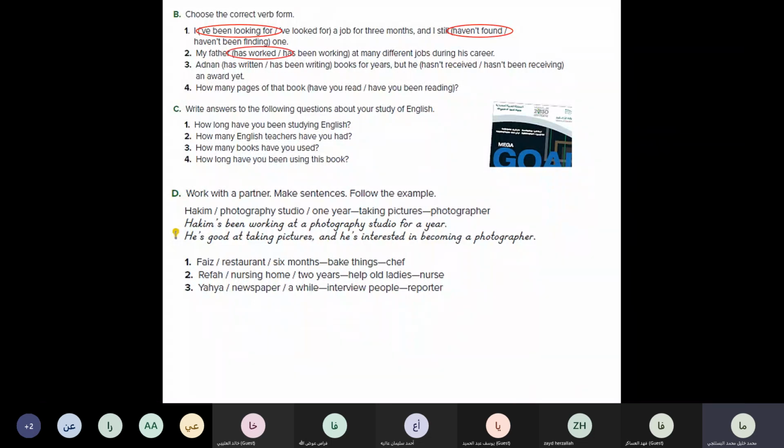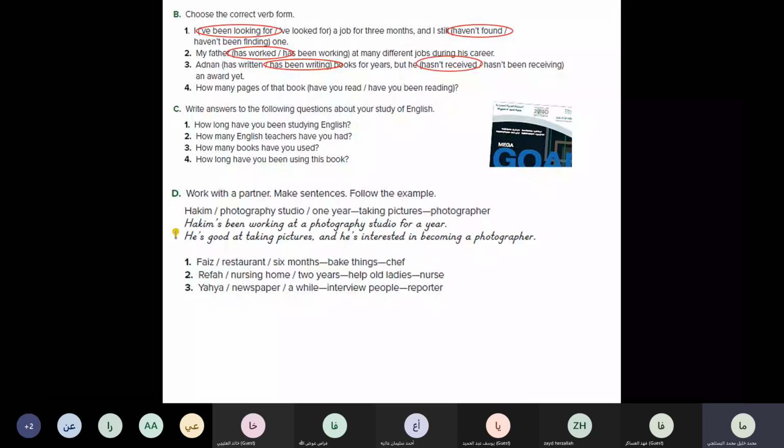My father has worked at many different jobs during his career. Good. Number 3, Ghaith. Adnan has been writing here. Good.